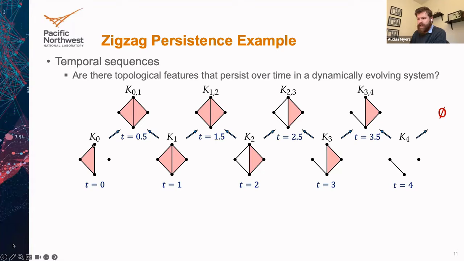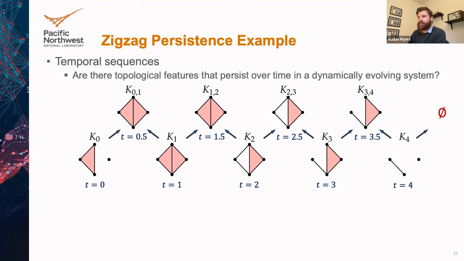So you can see here the union of K0 and K1 is, I'm going to call it K01, and I'm going to take the average time between them, so time 0.5, and I get this abstract simplicial complex, and you can see both of these are subsets of that. So this is this zigzag behavior where we have these subsets up to the top. And at the very end, I'm going to add an empty abstract simplicial complex, so everything will die at the end.